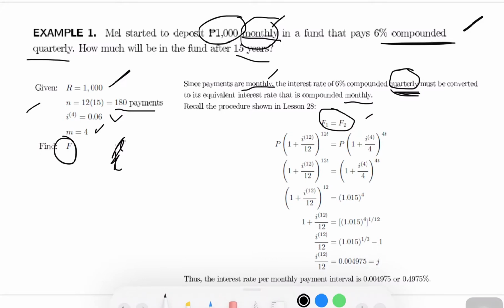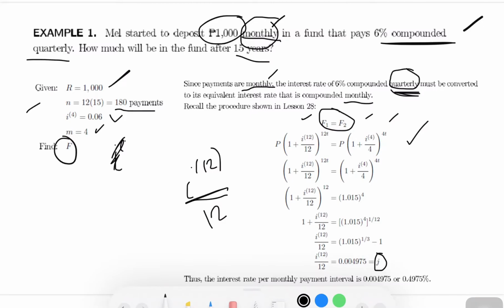For the formula, we have this: this is quarterly on this side, and this one is for the monthly. So we need to find i^(12), or i^(12) over 12, which is j.